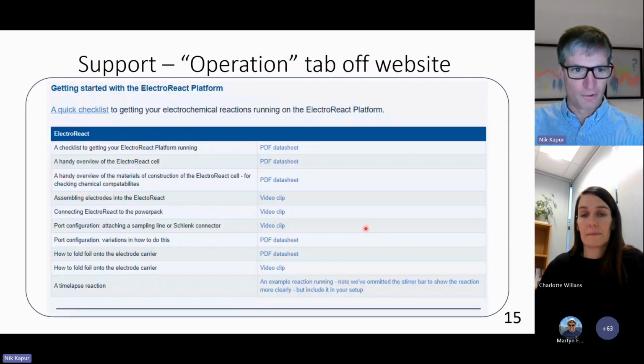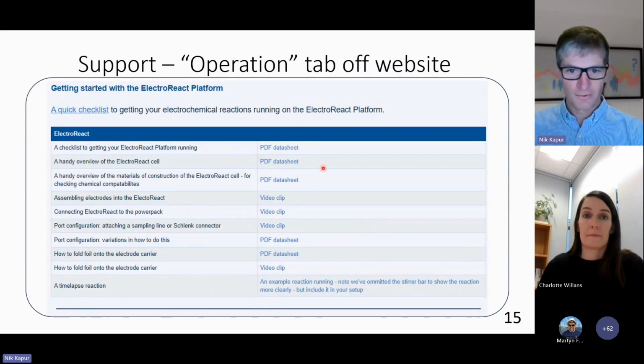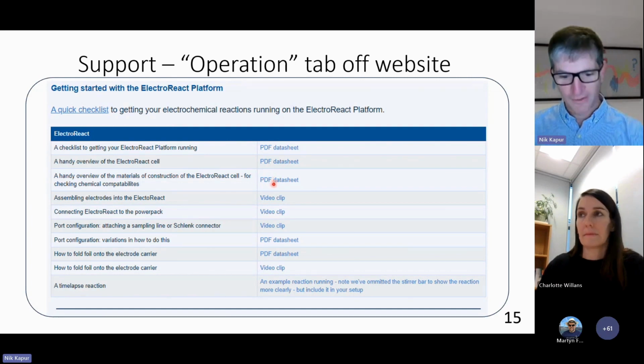But before we go there, I just thought I'd show you some of the support information that's available to you. So this is all of the information that's available to get you up and running with your ElectroReact system. There are PDF checklists, overviews of the ElectroReact cell, and all of the materials in use in the cell, so you know what the chemical constituents of the vial lid, or the lid insert, and all of those different parts are.